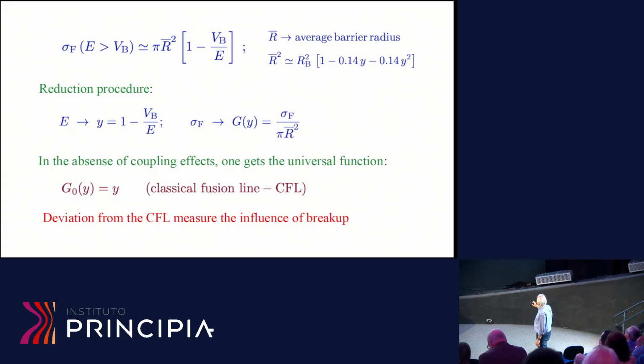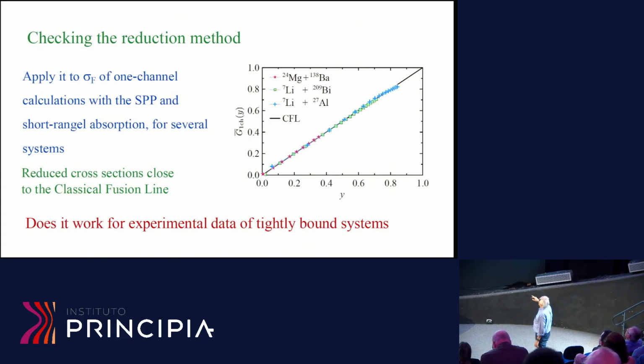And it does happen. These are the reduced cross-sections we evaluated for several systems at different mass ranges, and you see that the results of the reduced cross-section fall really on top of this straight line, which we call the classical fusion line.